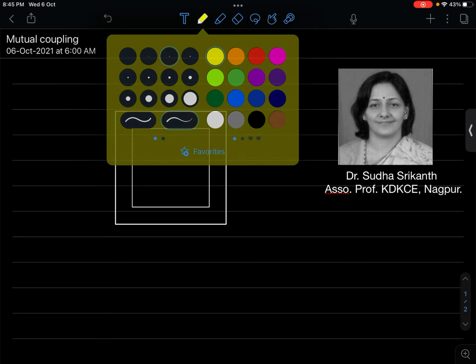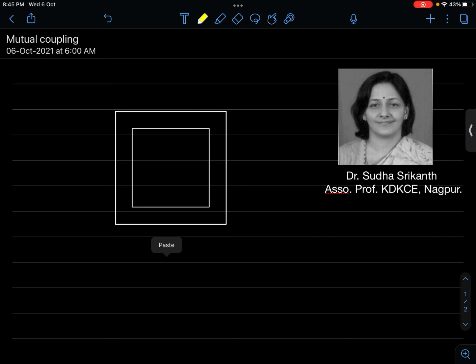I'll consider two coils which are wound on this particular arrangement, this former or core. Let me imagine a coil which is wound in a clockwise direction on one of the limbs of this core. Most of the viewers can relate it to a transformer. This is one coil which is wound in the clockwise direction.